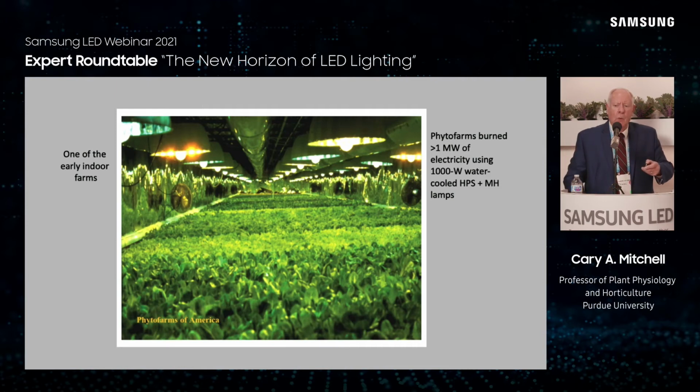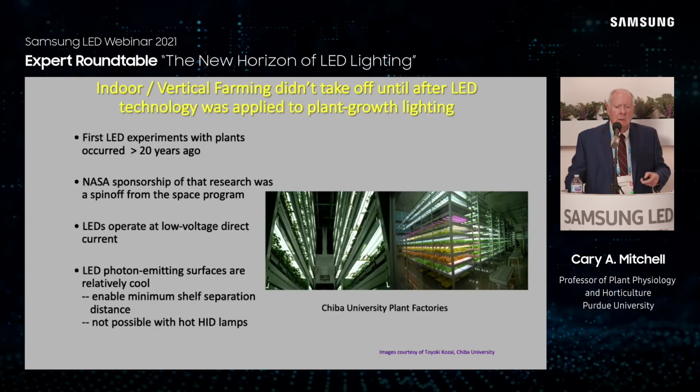The more than 1 megawatt of power draw that they had within that warehouse was making it impossible for them to be profitable. And so that's what happens with high-intensity discharge. It just doesn't work indoors completely at all.